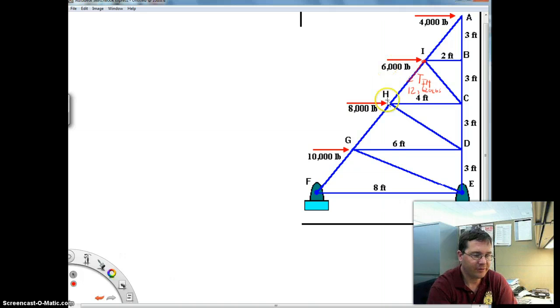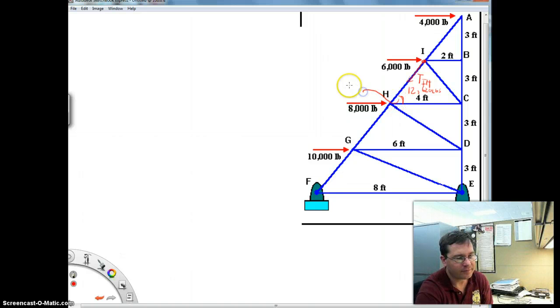So the next thing we're asked to find is the force in component HC. And I can come up with this because of some of the things that I've already figured out. I know that this included angle in here is 56.3 degrees. And I know that the tension in this is about 12,620 pounds.